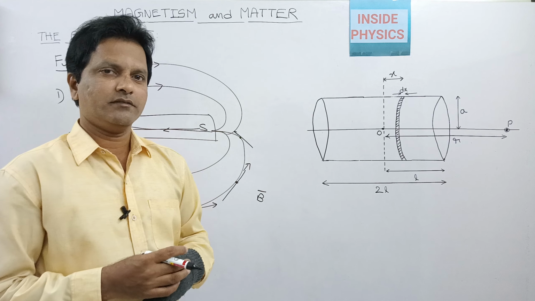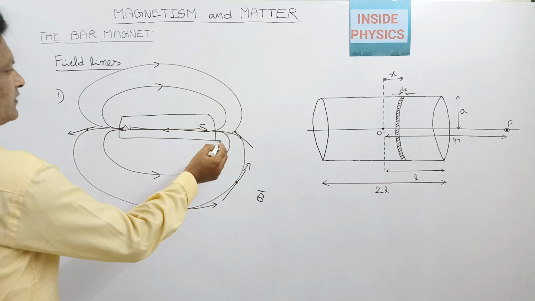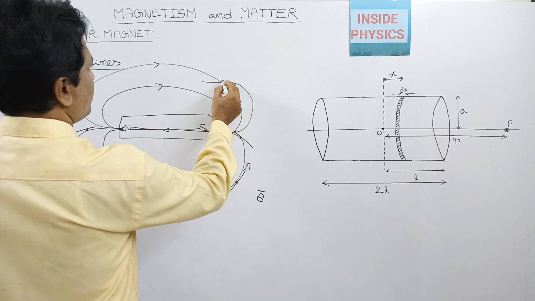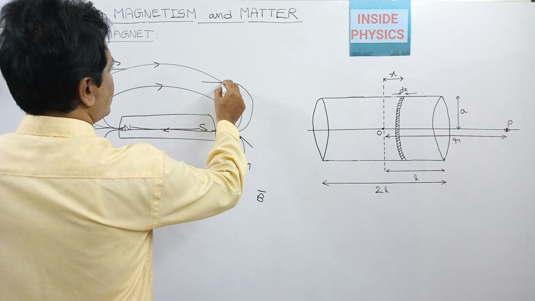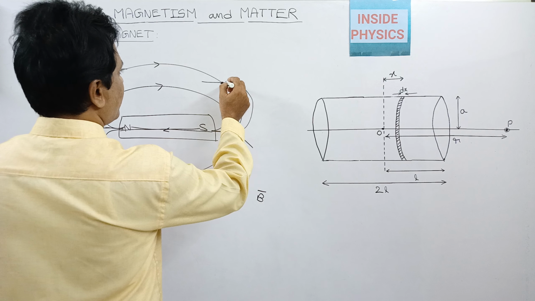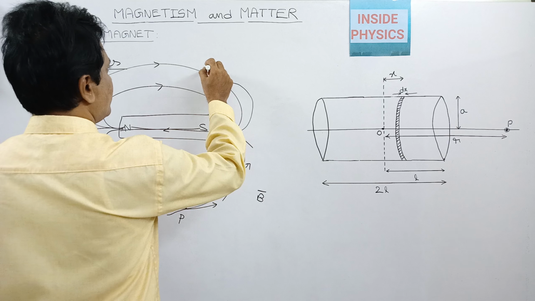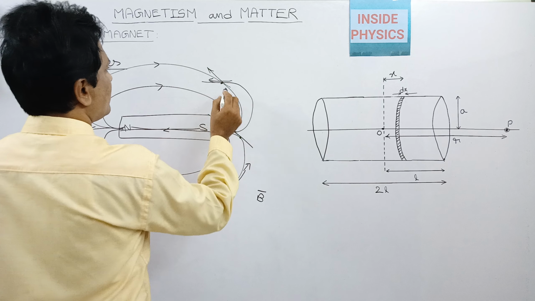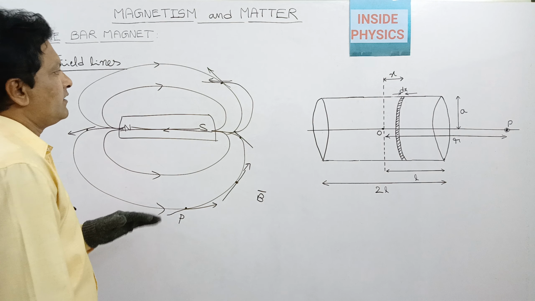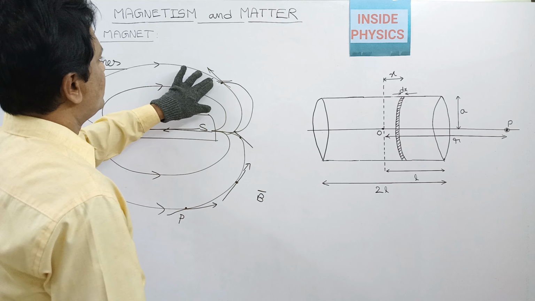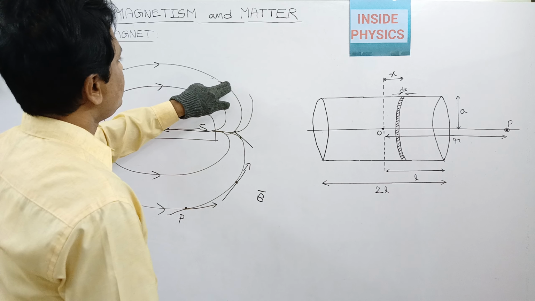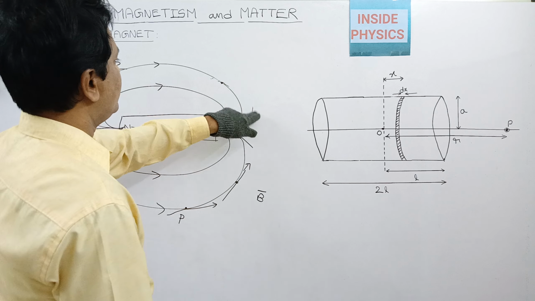Suppose one field line crosses another at the point of intersection, you would find two directions for the field, which is not possible and is absurd. So we say that magnetic field lines do not cross each other. They will never intersect each other.